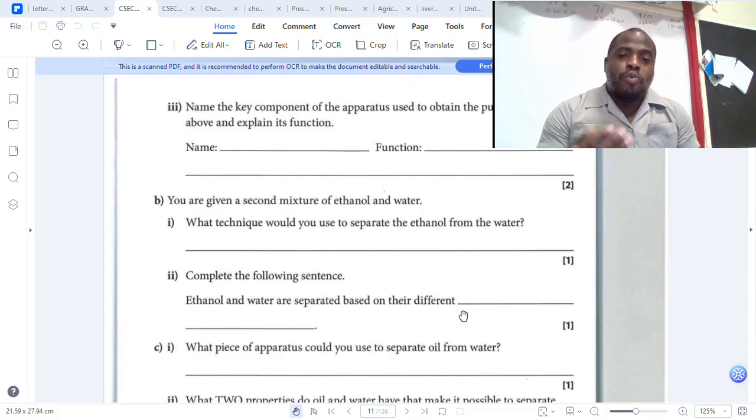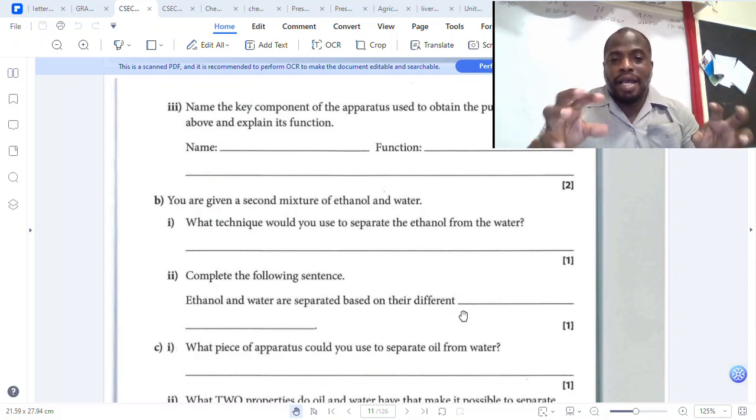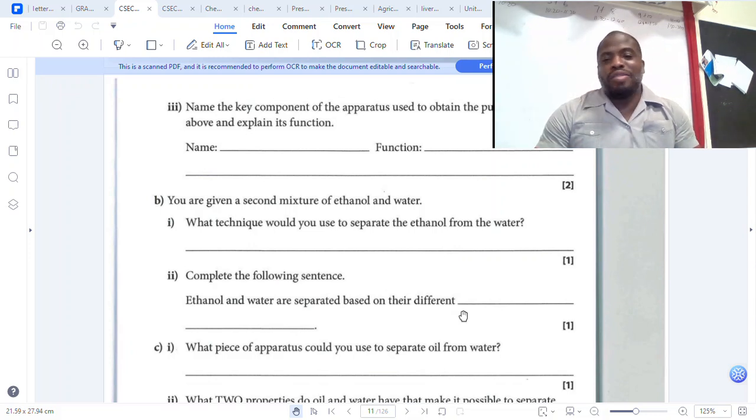So we bank on the fact that if we're going to be using fractional distillation, the two miscible liquids in question that we want to separate would have different boiling points. There should be a good distinction between the boiling points. So pure water is like 100 degrees Celsius. Ethanol boils at like 78 degrees Celsius.